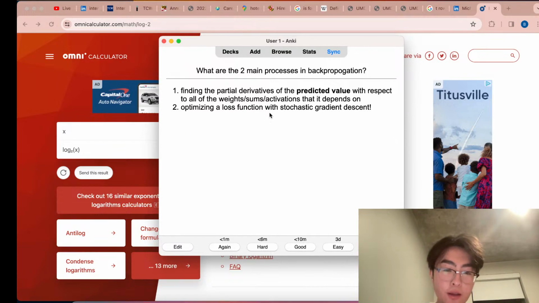So the optimizing function with stochastic gradient descent. In order for backpropagation to work, we do need a loss function. I think that's the key thing I'm missing here to be able to optimize. And so gradient descent pretty much finds the smallest partial derivative or the smallest gradient, which is the gradient whose values are minimized as small as possible.